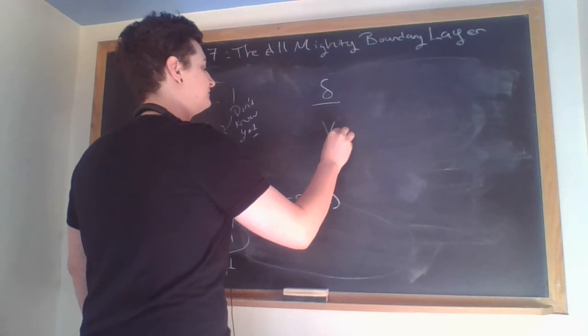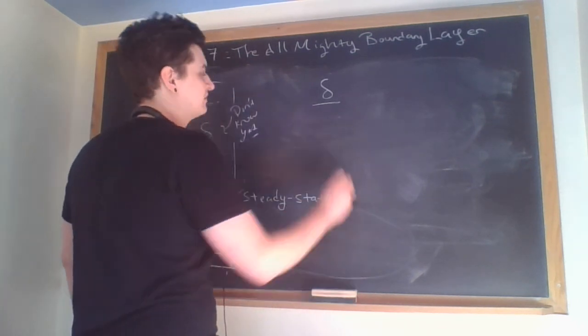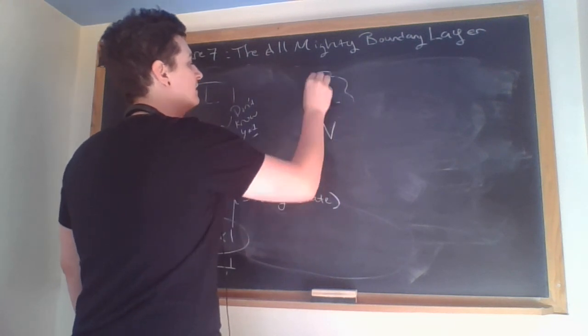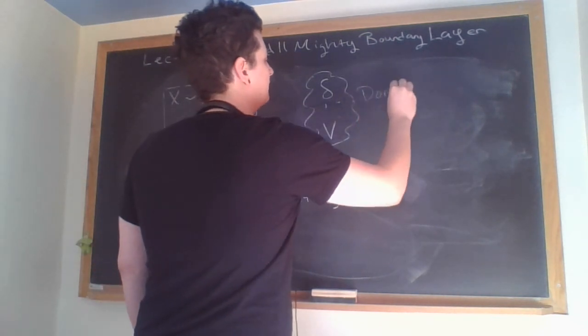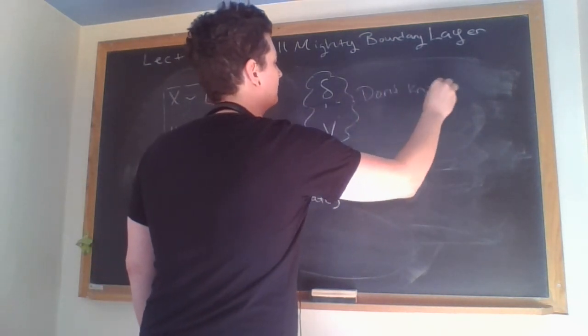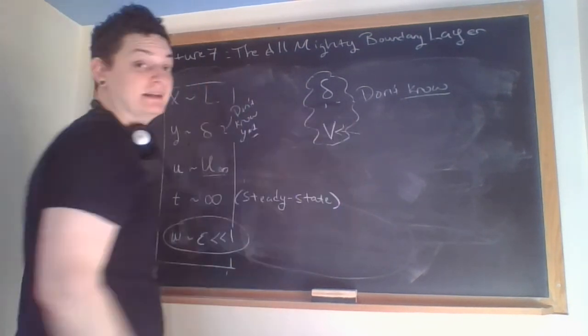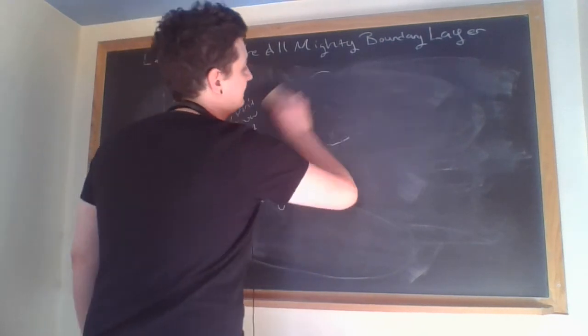So maybe I'll call it v infinity. Actually, that's pretty bad. We'll just call it capital V. These are the things we don't know. We're going to use scaling to figure out what the y velocity is, and we're going to use continuity.